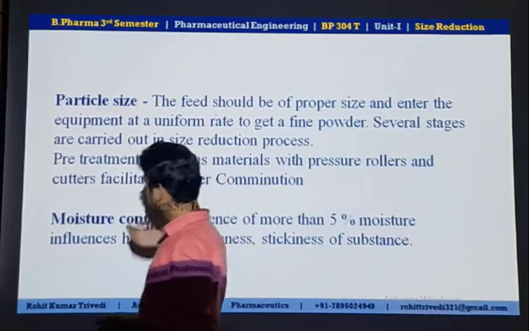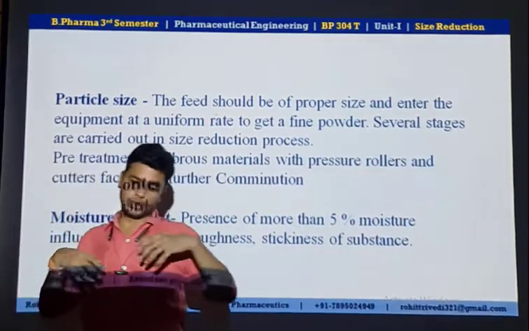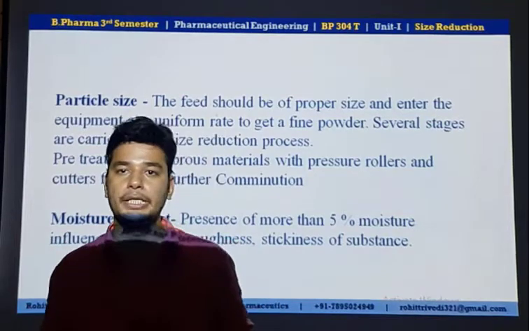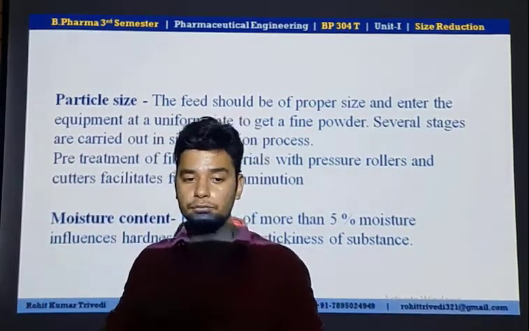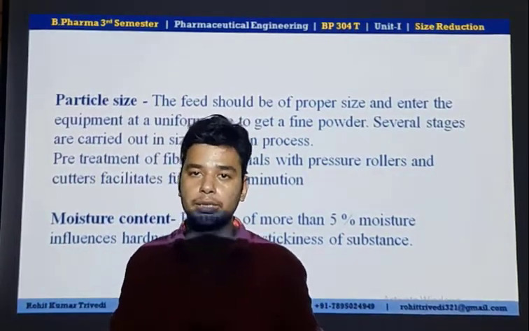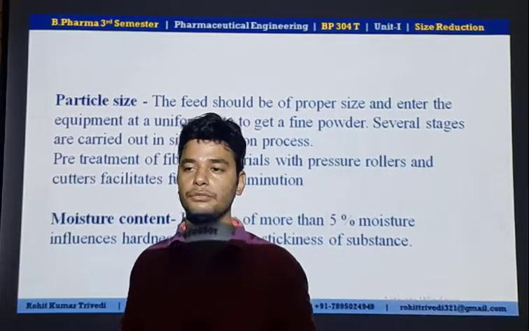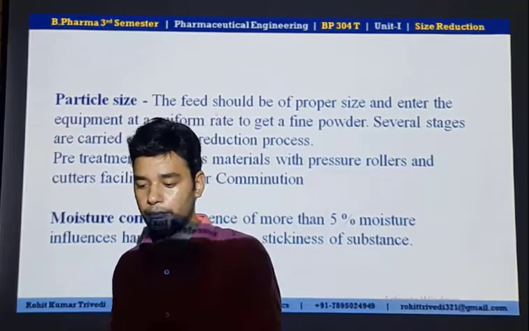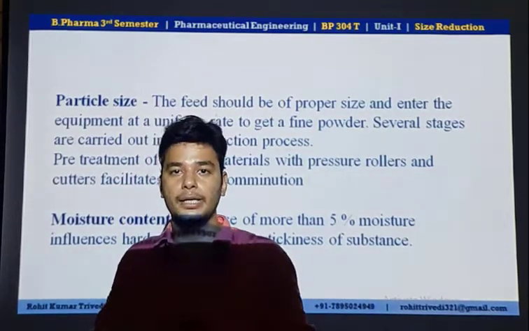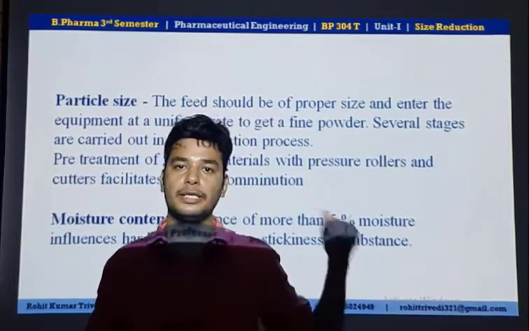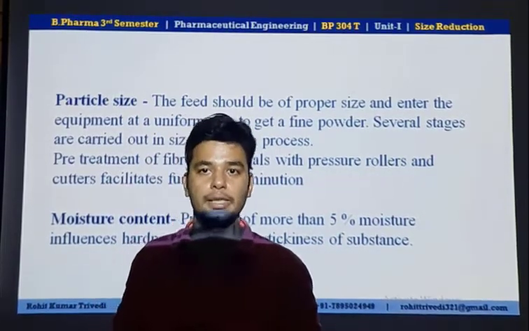And if there is a large amount of moisture, we will definitely feel difficulty in reducing the size. It will make a kind of slurry in that machinery. If there is a lot of water content in the material, we should dry our samples before converting them into a smaller size by size reduction.